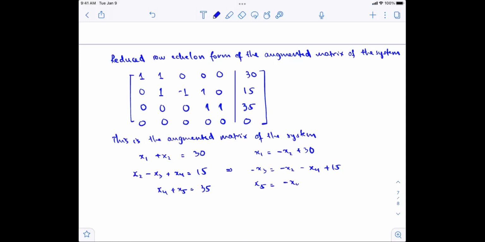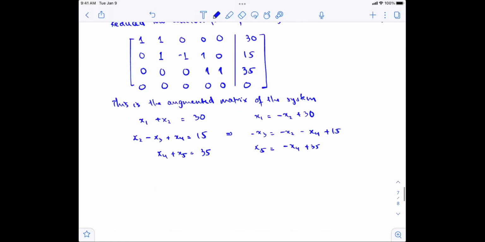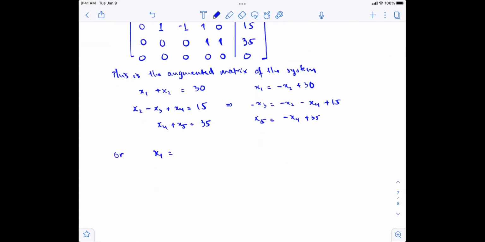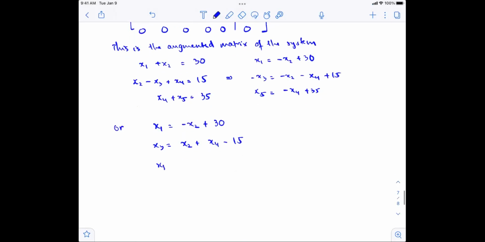So negative x4 plus 35. The system is now x1 equal to negative x2 plus 30, x3 equal to x2 plus x4 minus 15, and x5 equal to negative x4 plus 35.